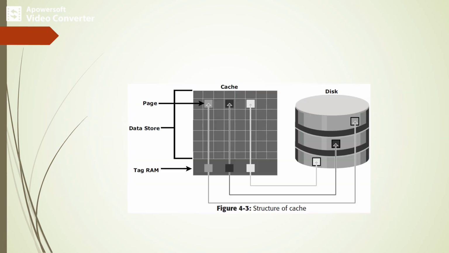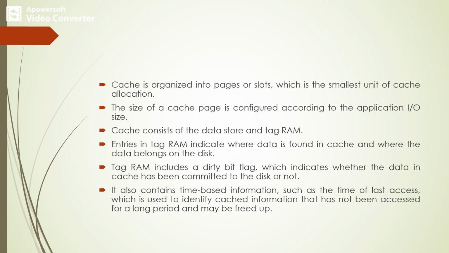Here we can observe the cache structure consisting of the data store, tag RAM, as well as the pages. Cache is organized into pages or slots, which are the smallest unit of cache. The page size will be variable depending upon the application's I/O size. The cache consists of the data store as well as the tag RAM.